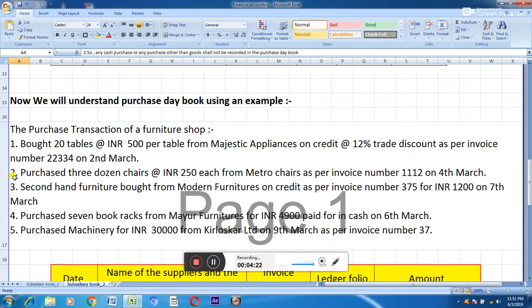Second transaction: purchased 3 dozen chairs at rupees 250 each from Metro Chairs as per invoice number 112 on 4th of March.